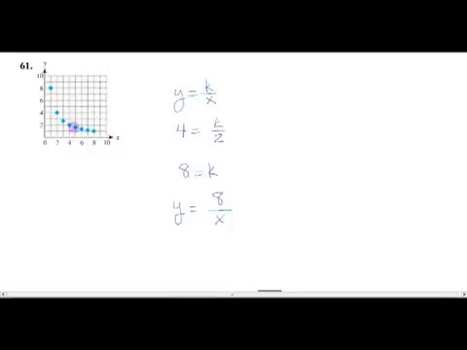If I put in a 5, I would have 8 over 5, which is 1 3/5, so it looks like 1 3/5. If I put in a 6, I get 8/6 or 4/3, which is 1 1/3. That looks like 1 1/3 right there. If I put in a 7, I get 8/7, which is 1 1/7. If I put in an 8, I get 1, and that is 1. So this does fit, and we know that this is an inverse model.